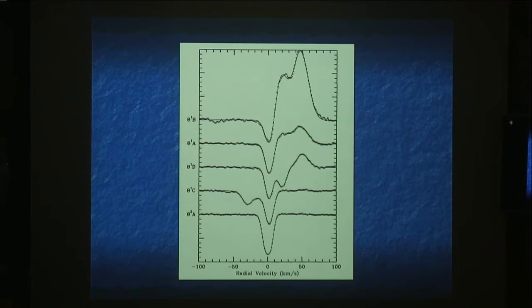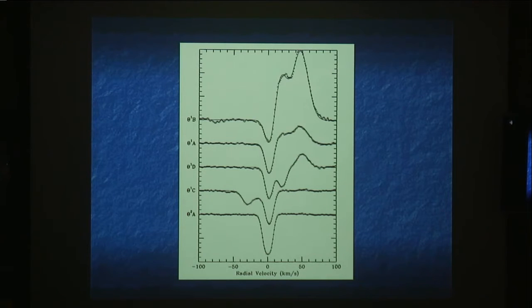But going back to the 1930s, it was known that some of the bright stars, or the brightest stars in the Orion Nebula cluster, had foreground absorption lines. And Adams showed this first.